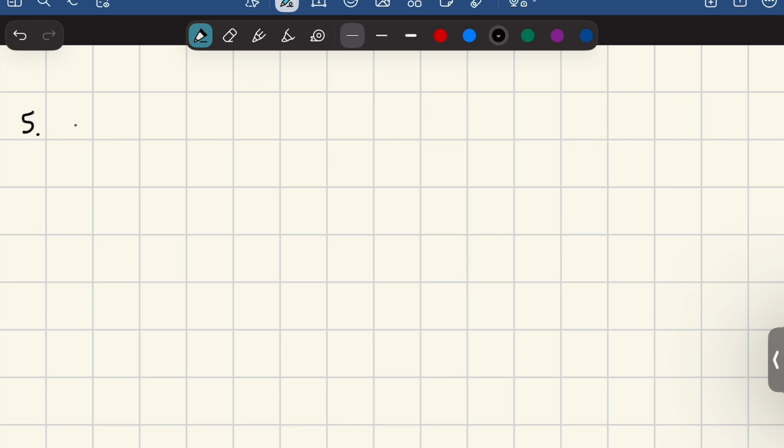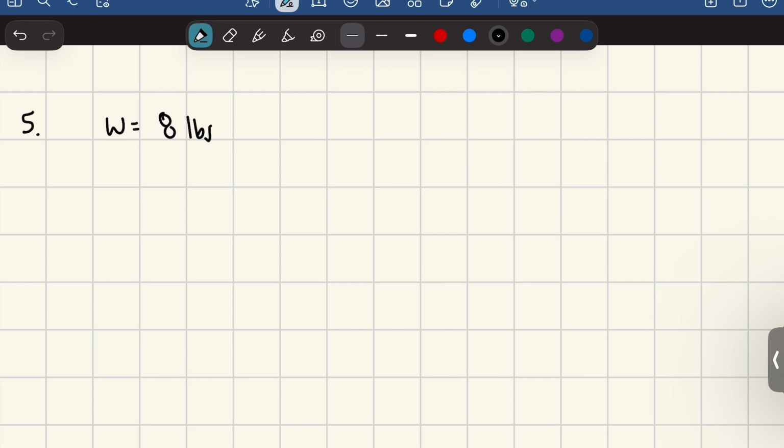So let's think about this. An object weighing 8 pounds is attached to a spring. 6 inches. Set in motion from a position 4 inches below its equilibrium point with an initial upward velocity of 2 feet per second.